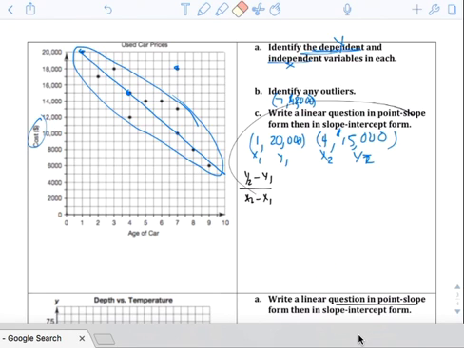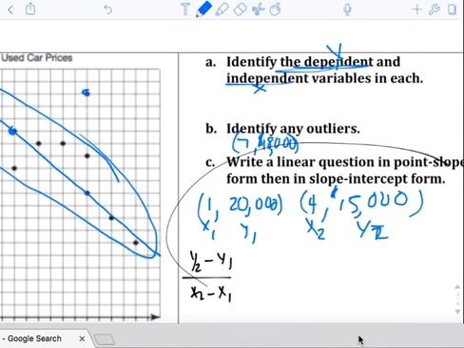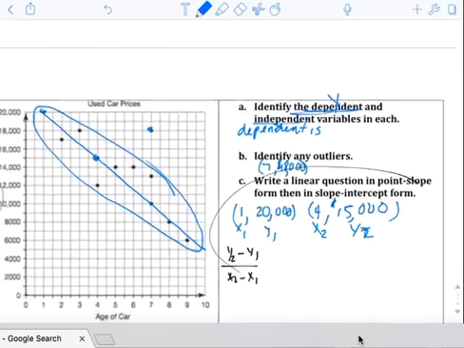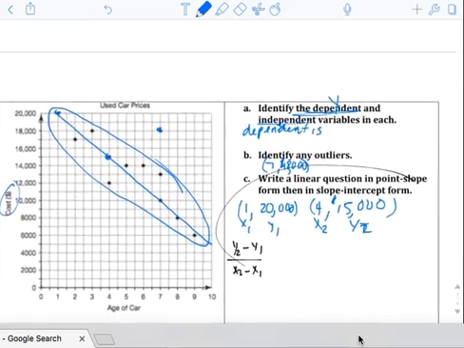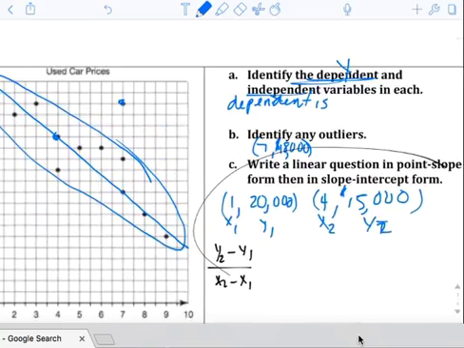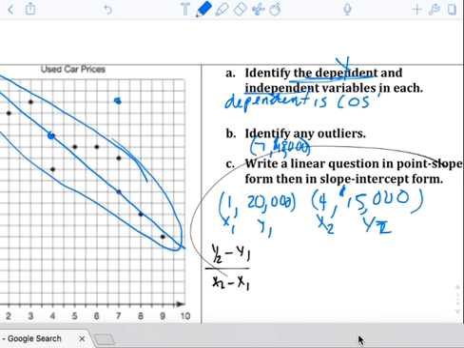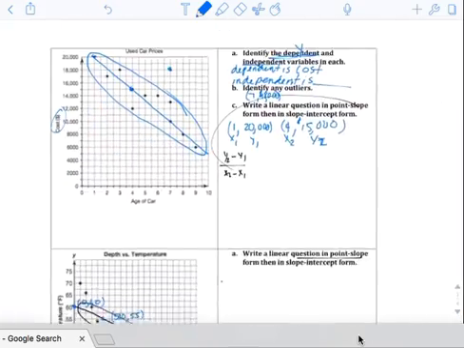So make sure here you write dependent is cost. Independent is, and you give me that answer. You know the answer.